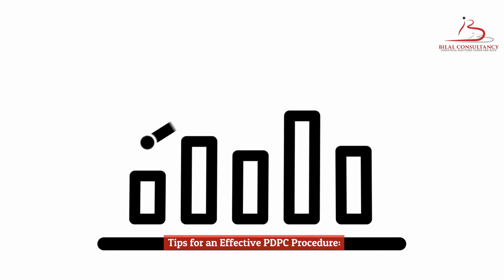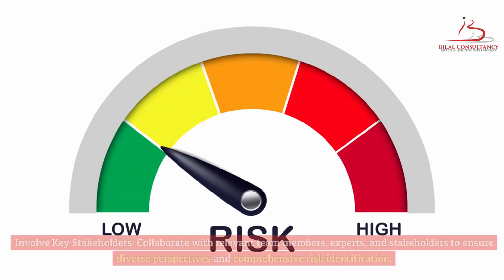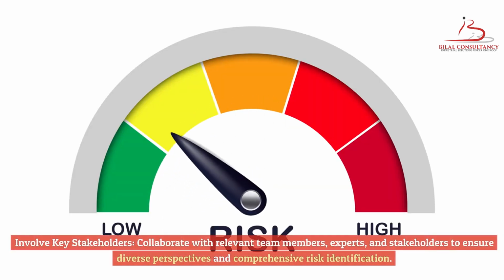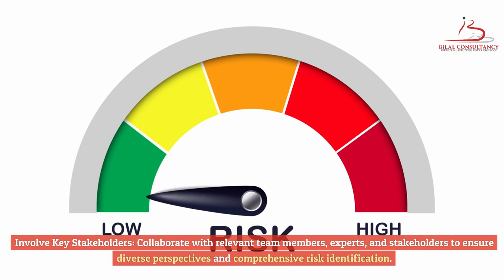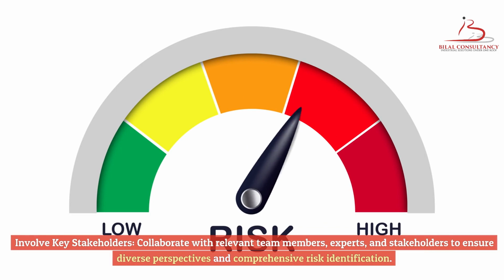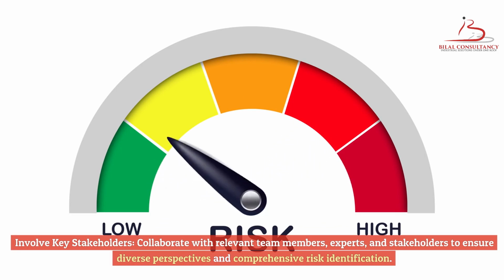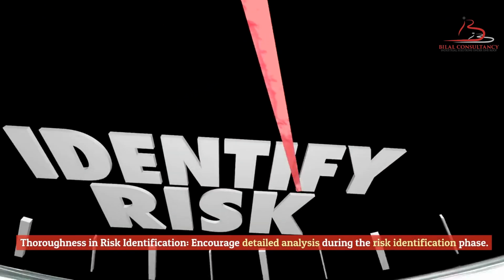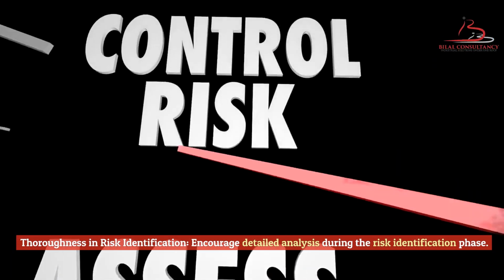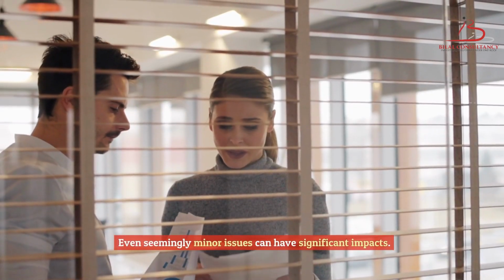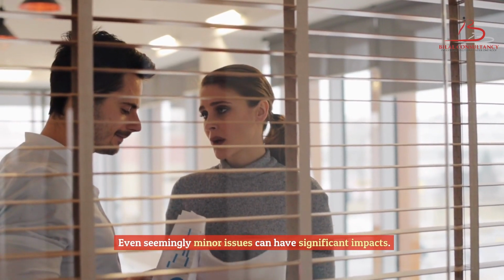Tips for an effective PDPC procedure. Involve key stakeholders. Collaborate with relevant team members, experts, and stakeholders to ensure diverse perspectives and comprehensive risk identification. Thoroughness in risk identification. Encourage detailed analysis during the risk identification phase. Even seemingly minor issues can have significant impacts.